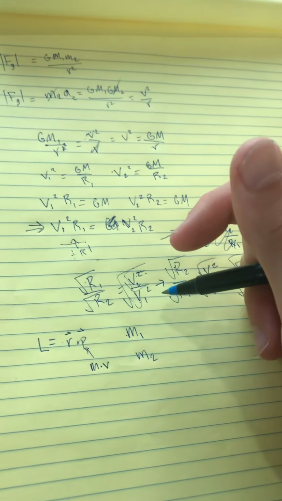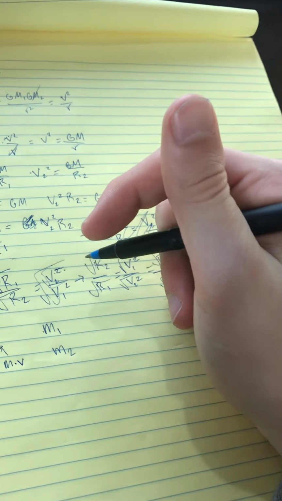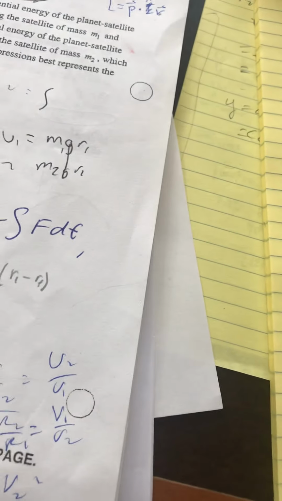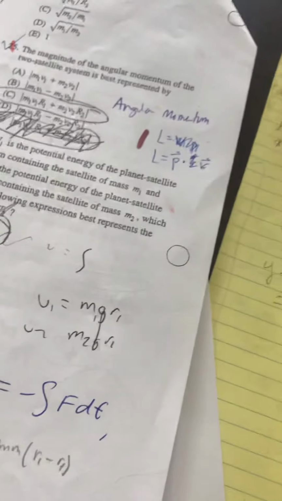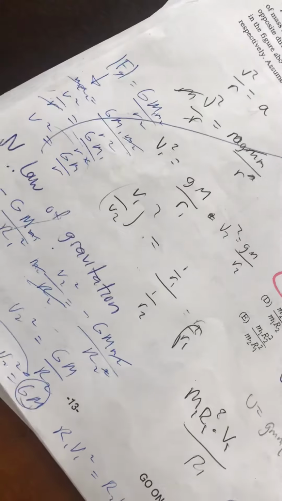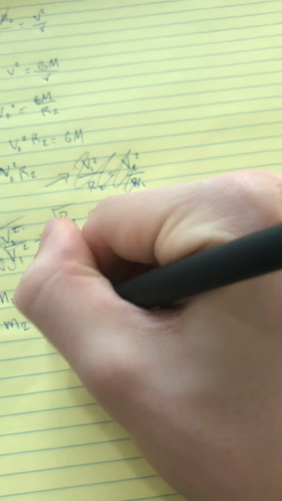And they tell us their velocities, which are in opposite directions. So the velocities are, for m1 it's v1, and for m2 it's v2.